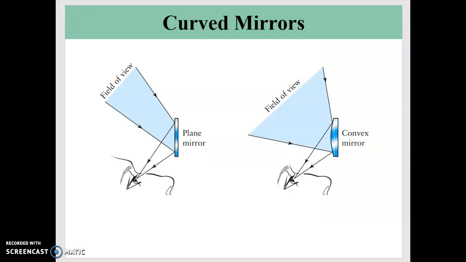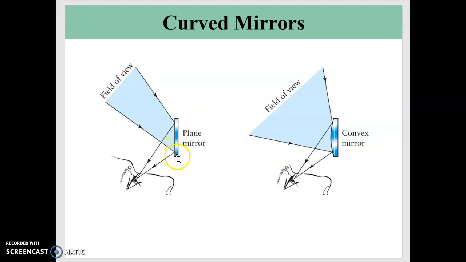Now, where do curved mirrors find application, right? One of the areas is rear view mirrors and other reflecting mirrors in stores like convenience stores or department stores for security reasons. And as far as a rear view mirror goes, the reason is, and this is the reason for the other applications as well, but the rear view mirrors are probably the ones that most people are familiar with.